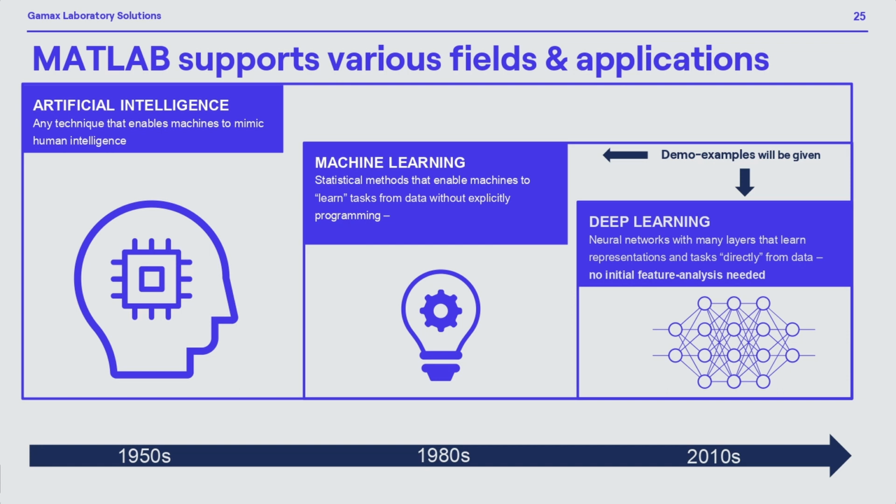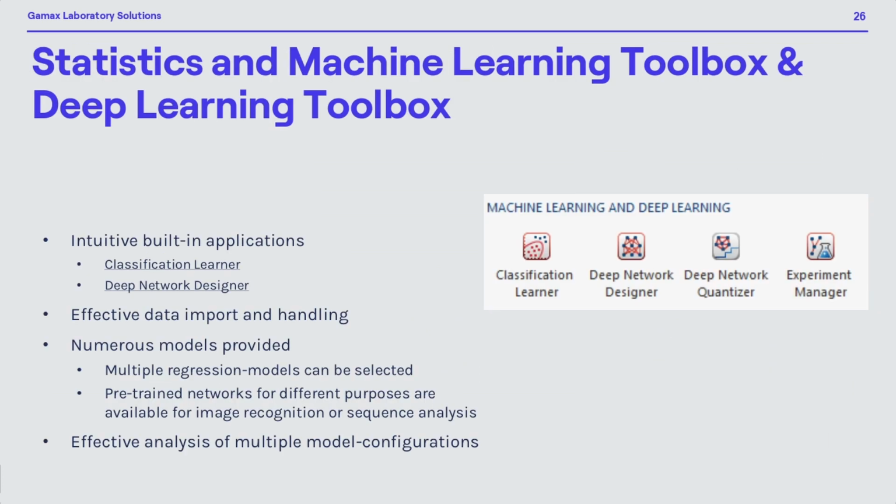Right now I'm going to show you examples with classic machine learning algorithms as well as deep learning algorithms. As I mentioned, I'm going to show you the use of the Classification Learner application and the Deep Network Designer application, which are part of the Statistics and Machine Learning Toolbox and the Deep Learning Toolbox.